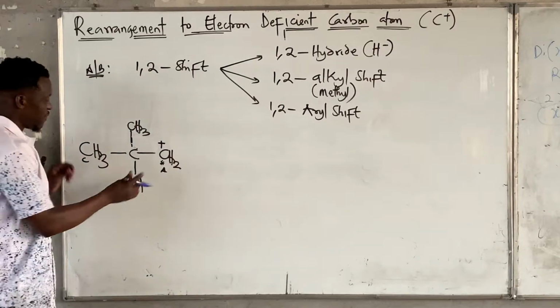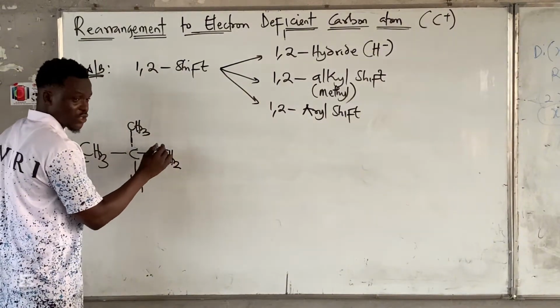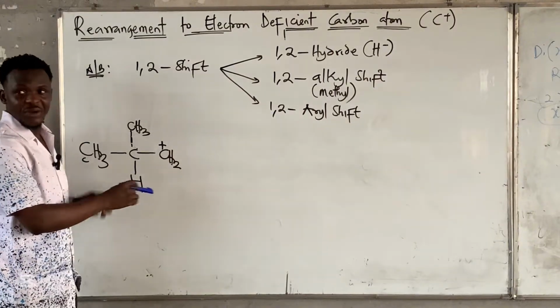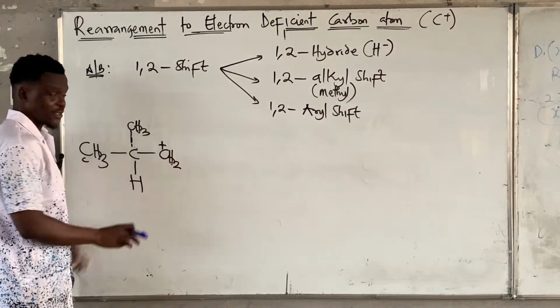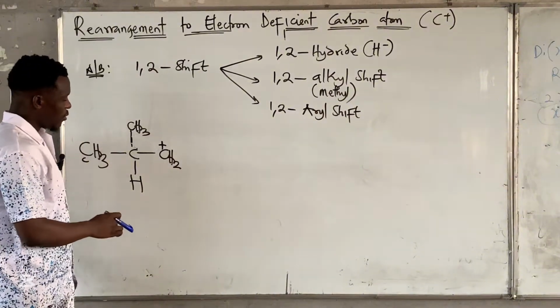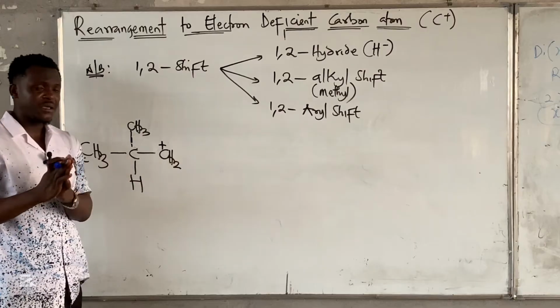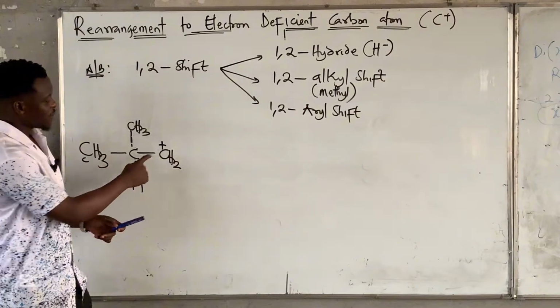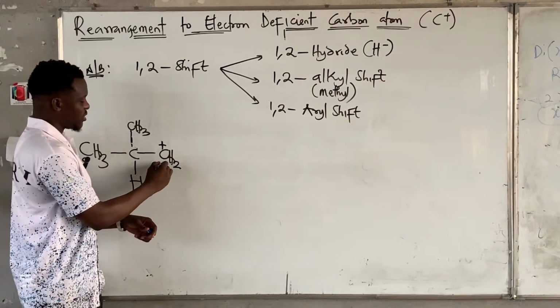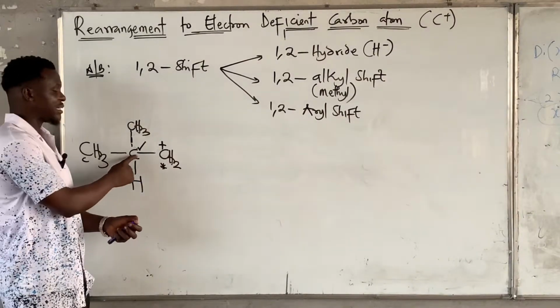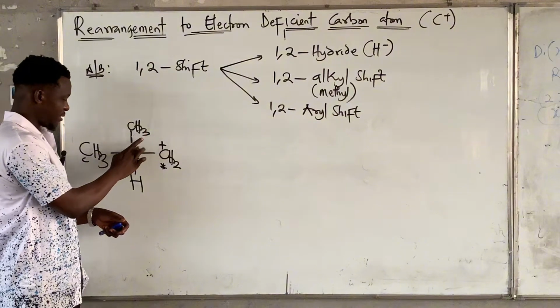What if an intermediate of a reaction is this? Now, first and foremost, if you look at this, it is a primary carbocation because the carbon bearing the positive charge, which is the one with asterisk, is only attached to this. Only attached to this. All right.